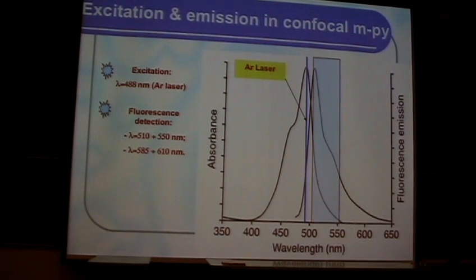So usually we use fluorescent dyes that have certain absorption spectrum and emission spectrum, and those two spectra are separated. The peaks, the maxima of absorption and fluorescence, are separated from each other.